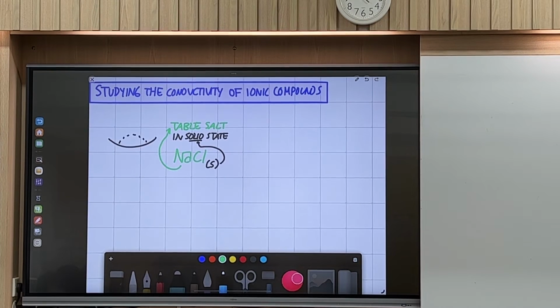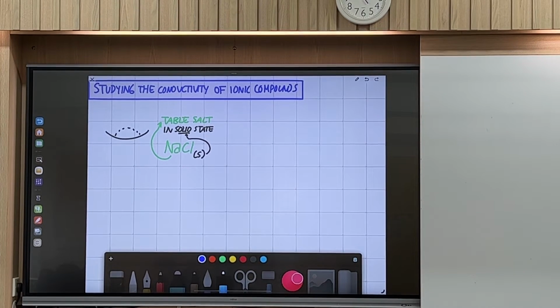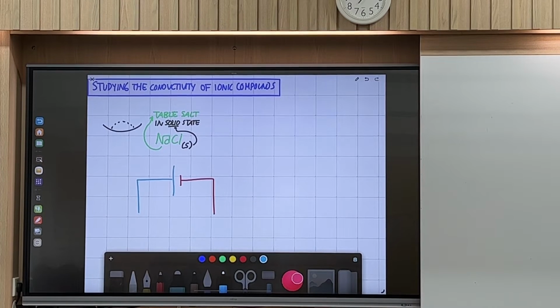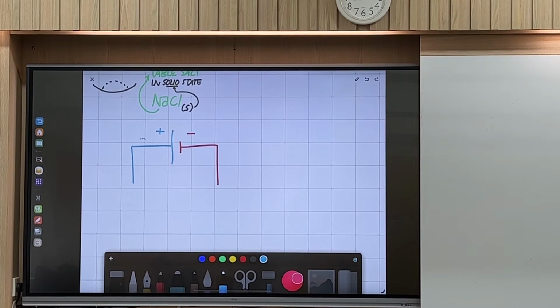In the lab we can set up a setup like this to study the conductivity of substances. I hope you remember that the shorter arm represents the negative terminal of the battery. The longer arm represents the positive terminal of the battery. So this is a battery, and we connect the battery through a light bulb. This is how we draw a light bulb.